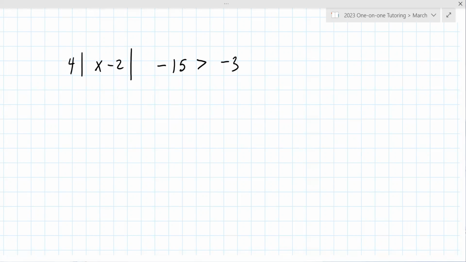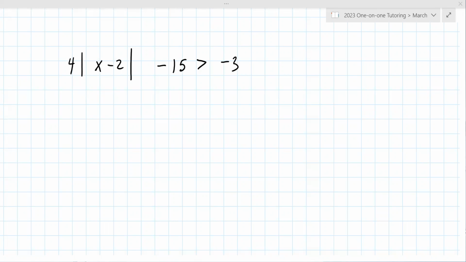Would you add 15 to both sides for the first step? Yes. Would you divide by 4 on both sides?